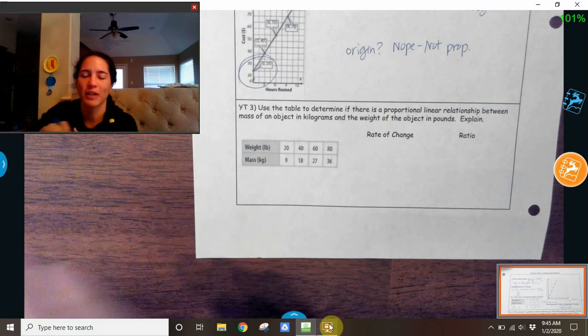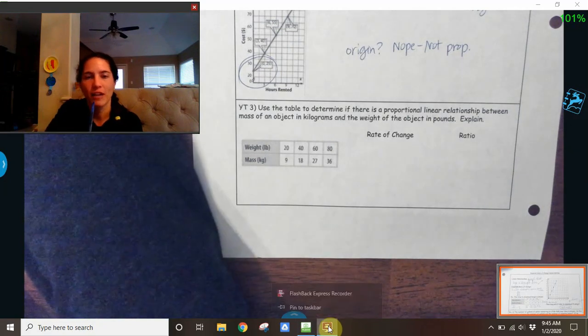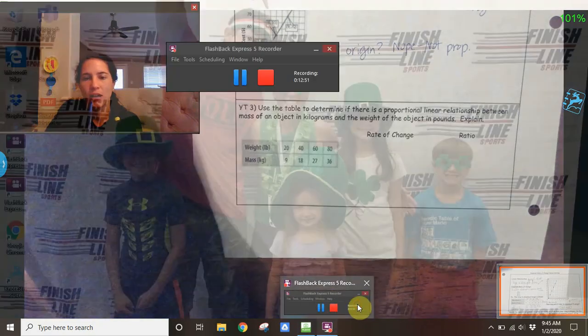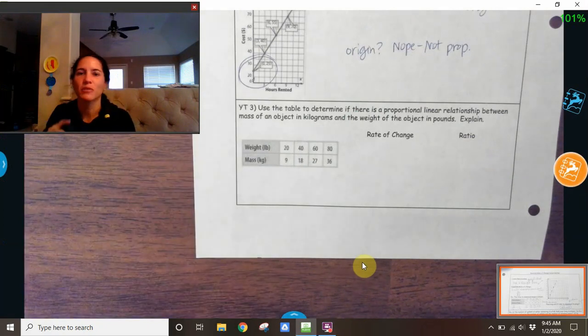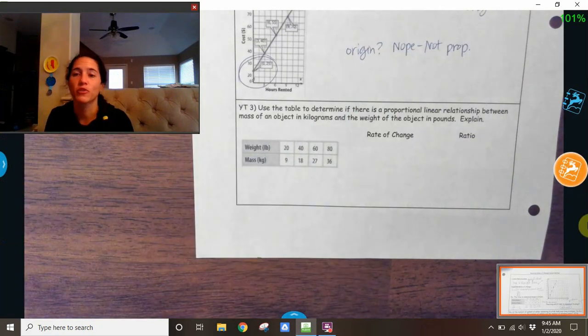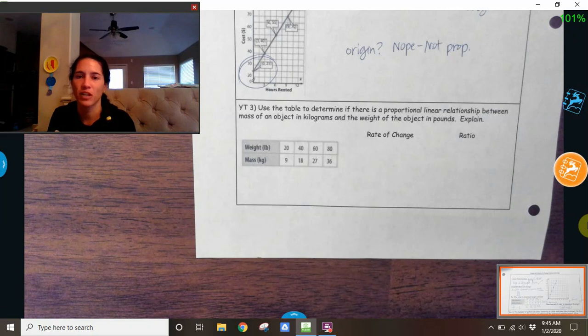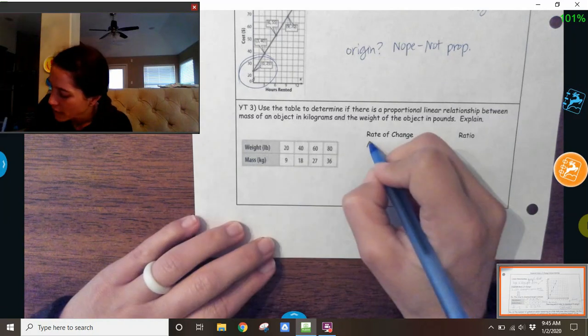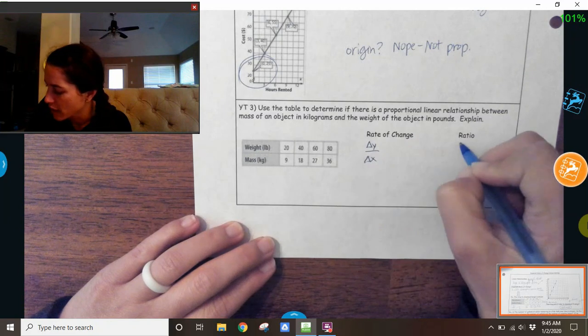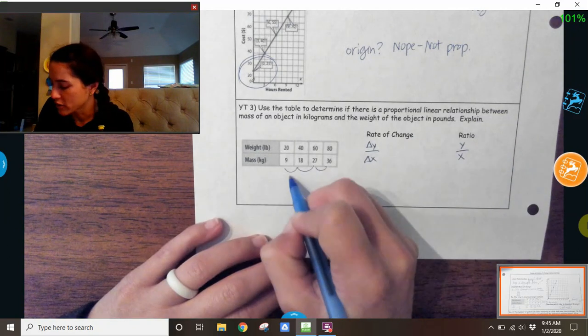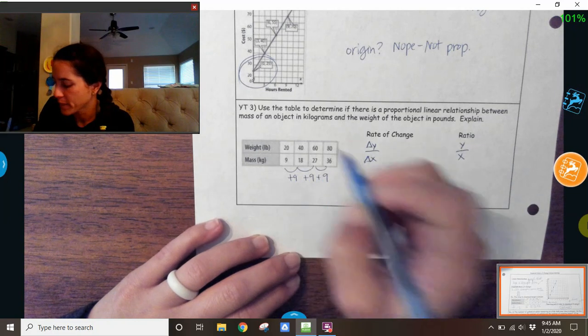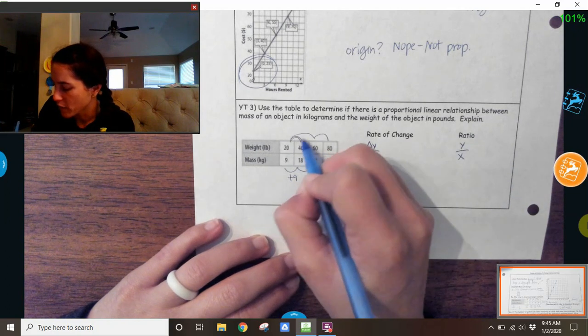Use the table to determine if it's a proportional linear relationship between the mass of an object in kilograms and the weight of the object in pounds. Explain. So change in y over change in x and just y over x. We're going to check, and it looks like plus 9, from here to here to here.